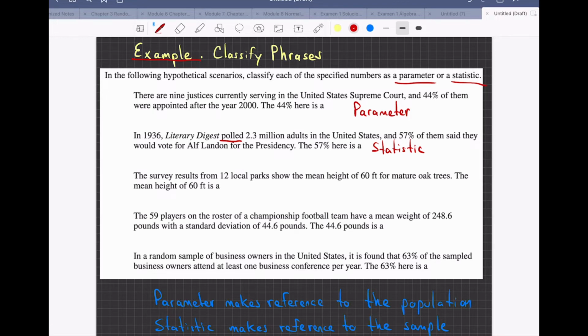Next one. The survey results from 12 local parks show the mean height of 60 for mature oak trees. The mean height of 60 comes from a survey that very likely made reference to a sample, so it's going to be a statistic.